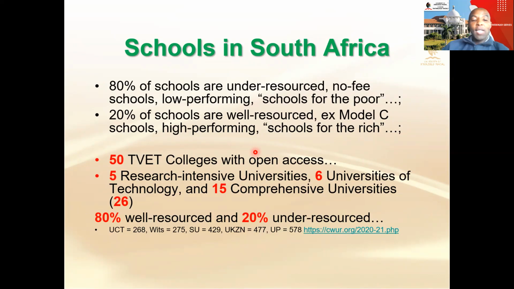Our universities are also divided, with 5 research-intensive universities. These represent South Africa as a developed country, because they are ranked higher in the world, look at UCT, look at Wits.